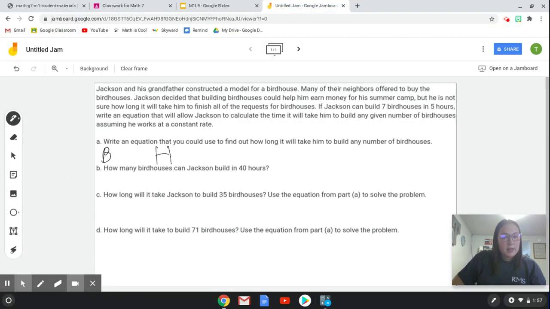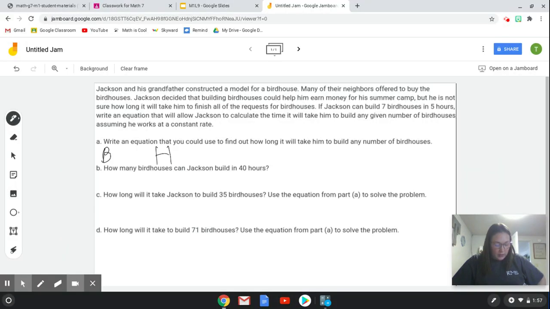When I'm thinking about this, I have to figure out which is my independent and which is my dependent variable. In this instance it's a little weird because it can go either way. The number of birdhouses could depend on how much time Jackson can work, or the amount of time he works could depend on how many birdhouses he makes.